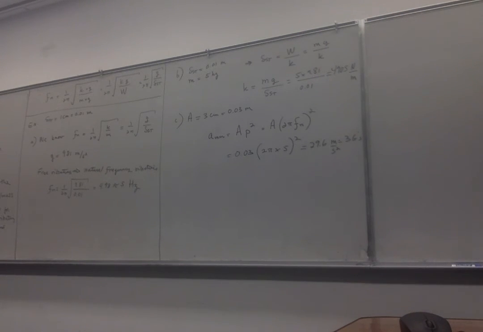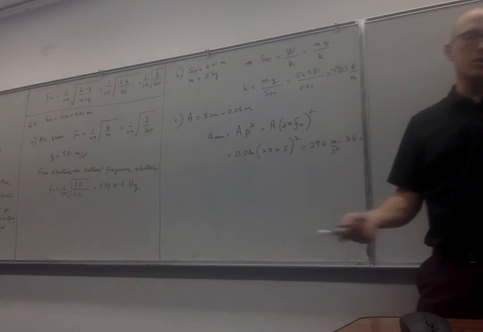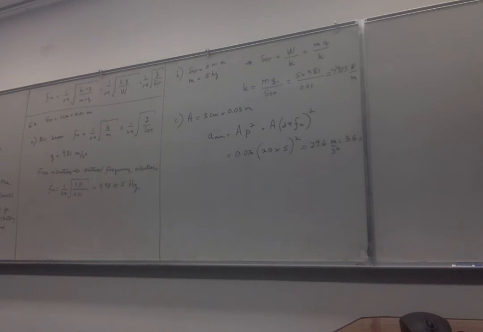And this equation that links the acceleration, the amplitude and the frequency, we're going to use over and over again. If we have any type of movement of a product, that's what links the amplitude and the acceleration together. Take your time to finish writing this.